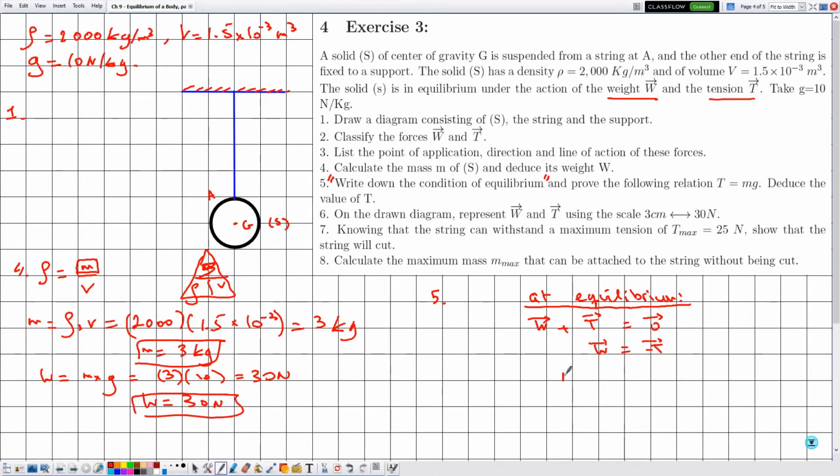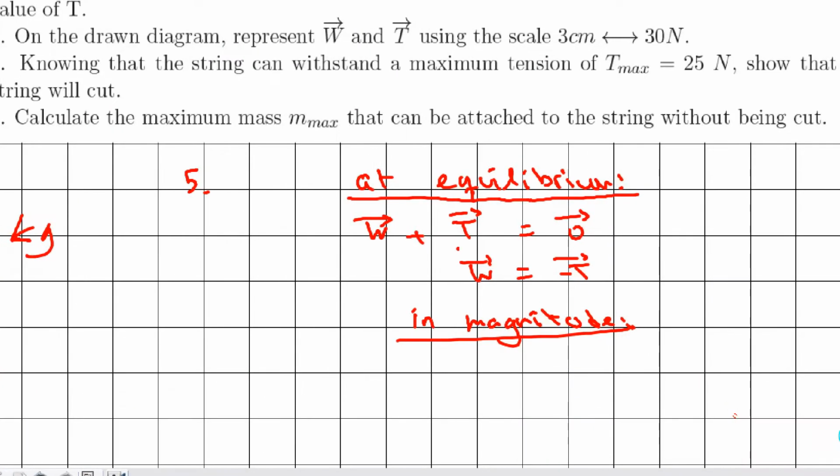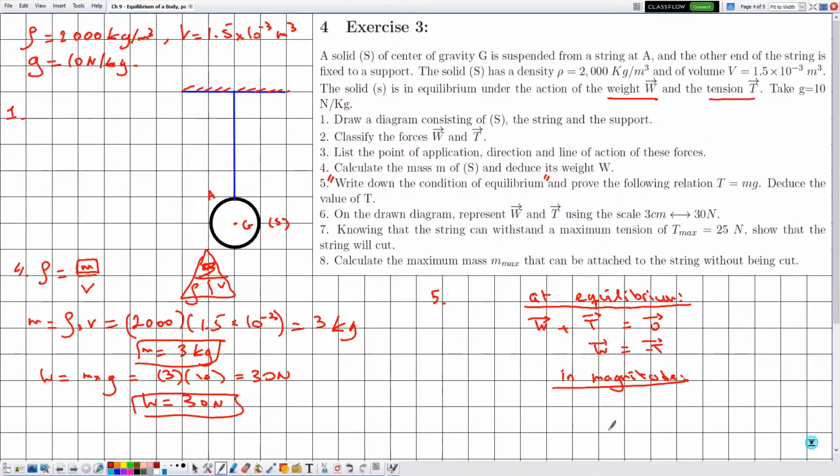So we can say in magnitude, we drop down the vectors and we remove the minus sign. So we have that w is equal to t. But we know that w is equal to m times g, which means that mg is equal to t. In other words, t is equal to m multiplied by g.